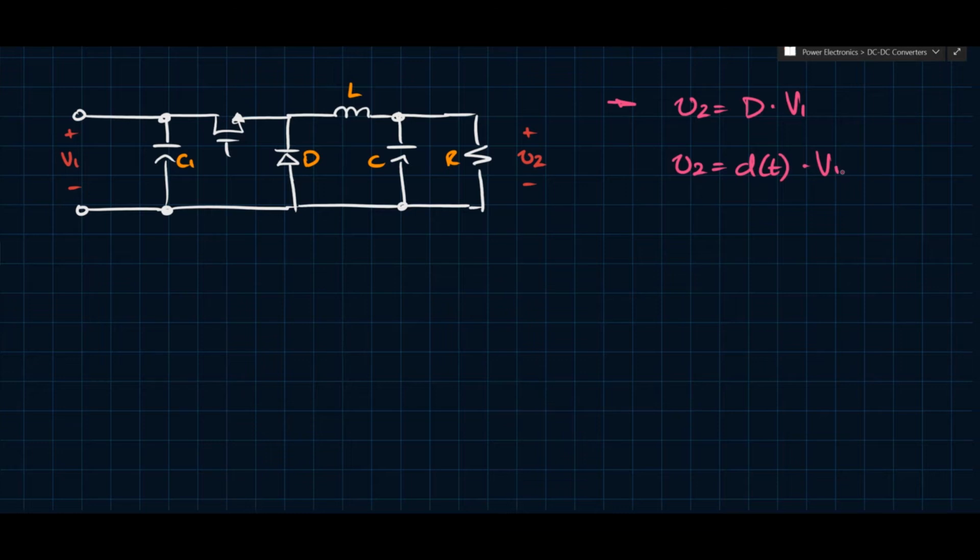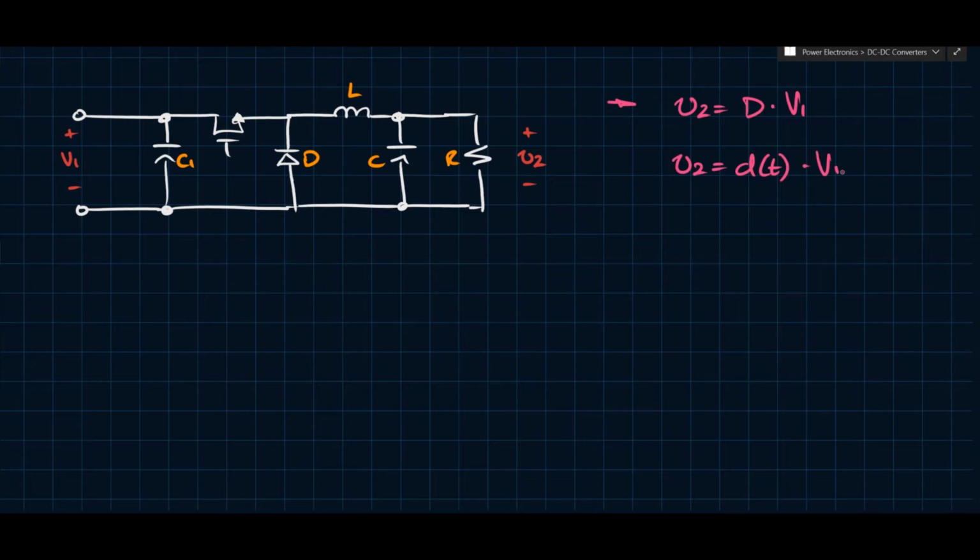But you can't have D of T varying at a frequency that is close to the switching frequency. Otherwise, this entire analysis does not hold, because it assumes that we're talking about averages here, right? And averages are only true at certain time scales relative to other time scales. So again, it's only true if you have D of T varying at a slow rate relative to the switching frequency.